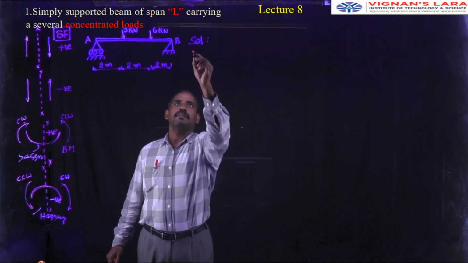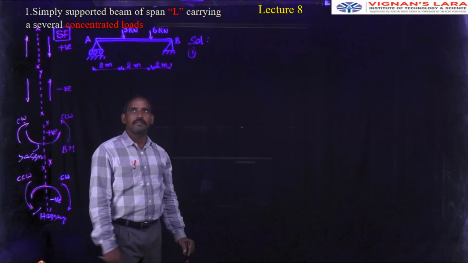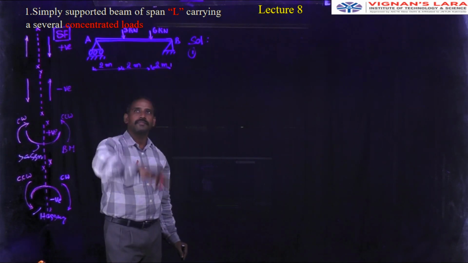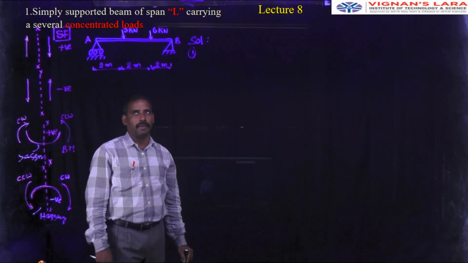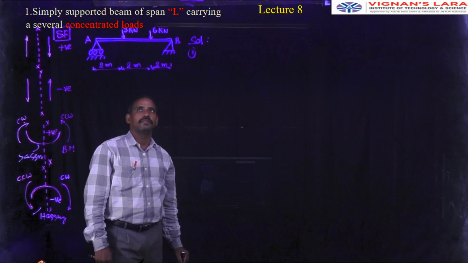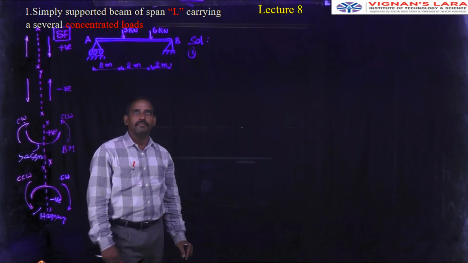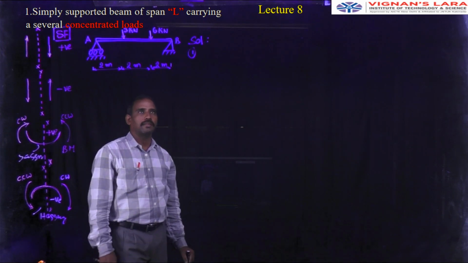First of all, the problem is solved in 3 steps. First step, we have to find out the reactions at the supports at end A and end B. Then find out the shear force with respect to position, and the third step is the calculation of bending moment.